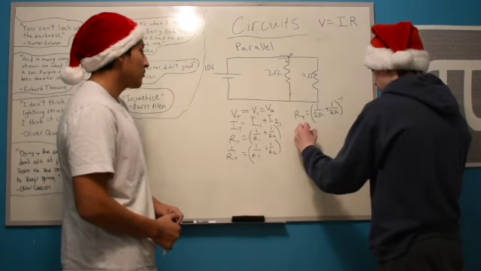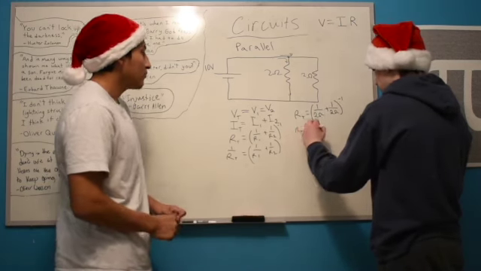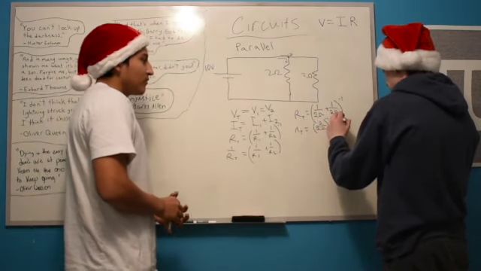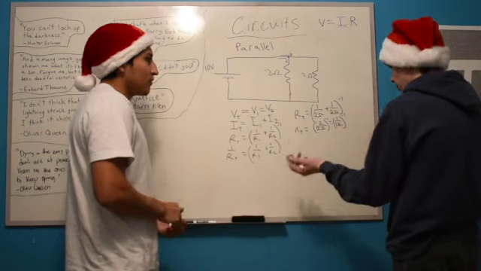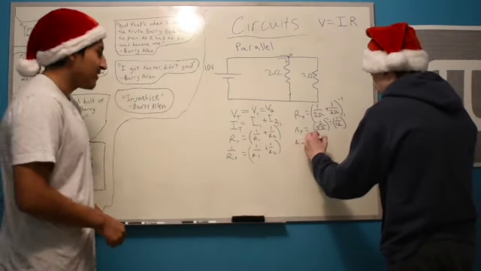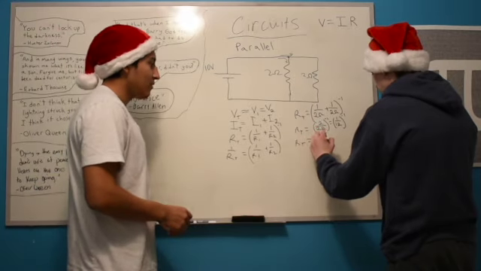So R_T is equal to 1/2 plus 1/2, which is equal to 2 over 2 ohms, or just 1 over 1 ohm to the power of -1. The inverse of 1 is still just 1. So the R total is equal to 1 ohm.